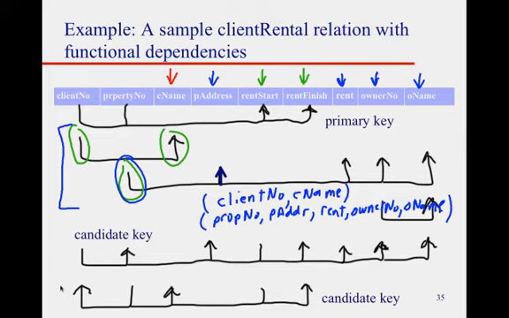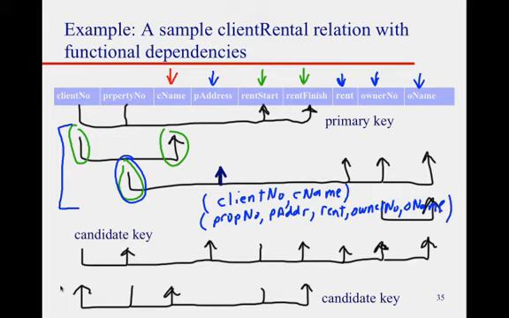Okay, your partial dependencies are coming from the primary key. So the attributes on the left-hand side of the determinant, they stay in the original relation. The attributes on the right-hand side get eliminated from the original relation.